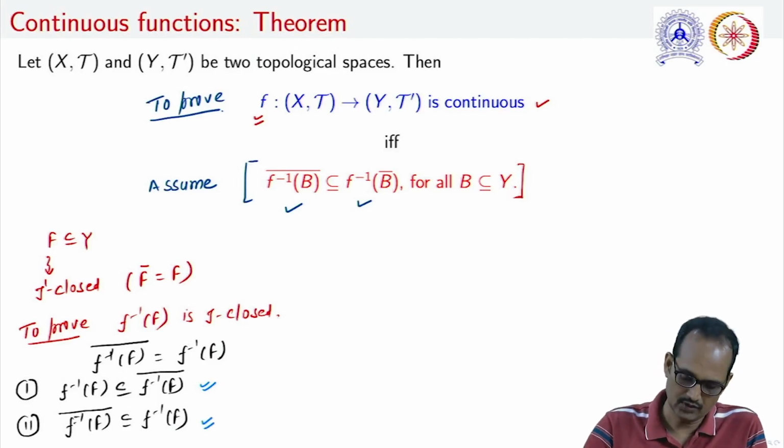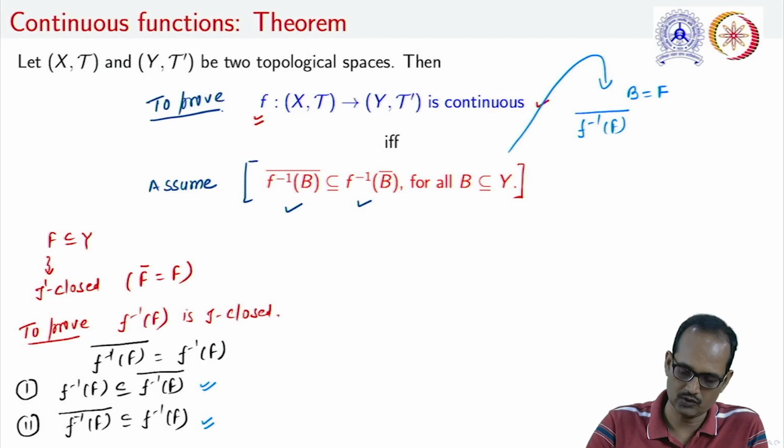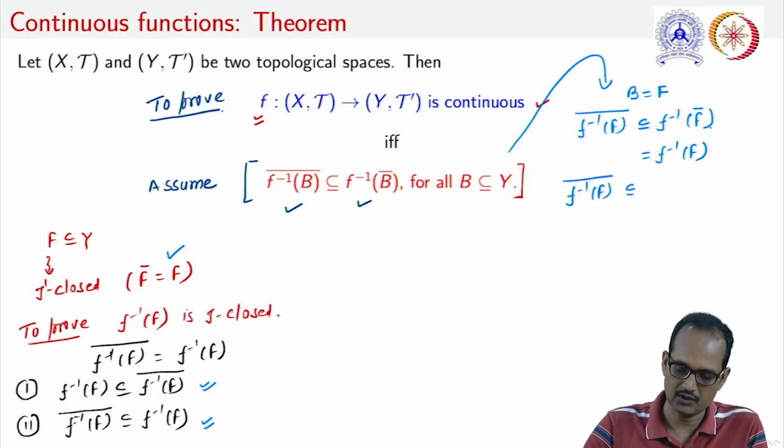In order to justify it, now come to the assumption and replace this B by F. So from here we can write closure of f inverse(F) is a subset of f inverse(closure of F), but note that closure of F is equal to F, so this can be written as f inverse(F), or that closure of f inverse(F) is a subset of f inverse(F).